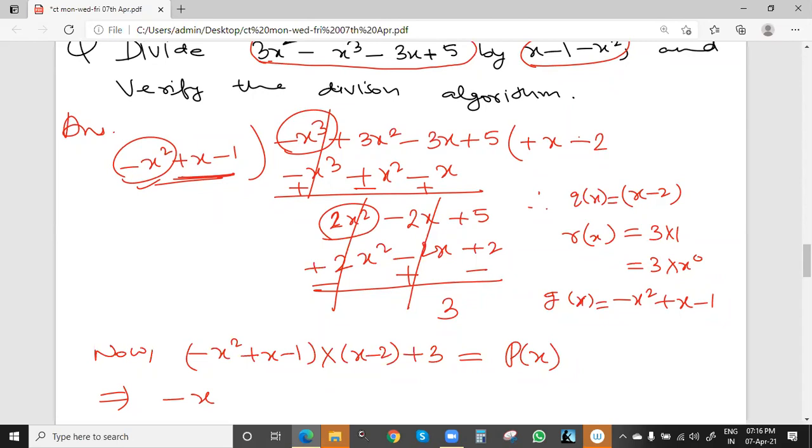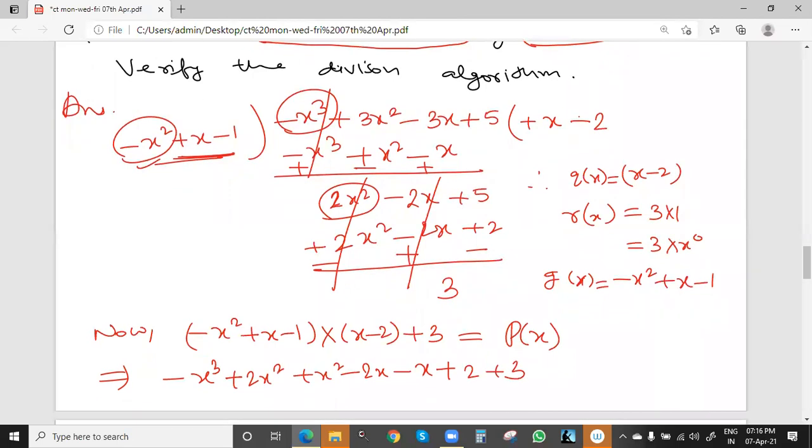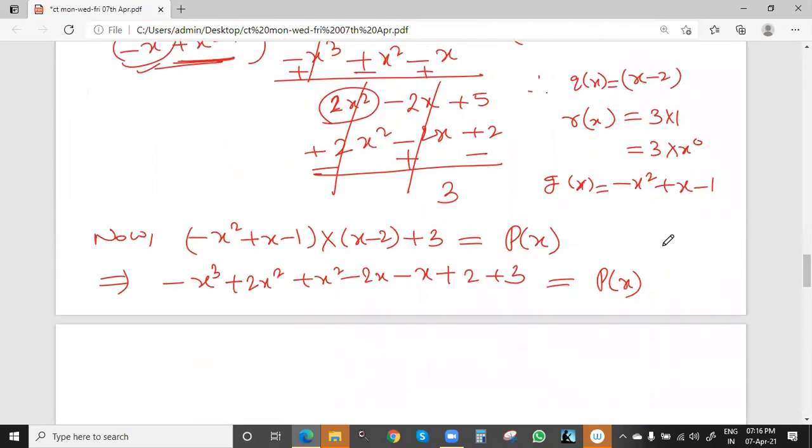This will be minus x square into x, minus x cube. Then minus x square will multiply with minus 2, 2x square, x into x square, x into minus 2 minus 2x. So minus 1 into x minus x and minus 1 into minus 2 plus 3. So this should be equal to px.